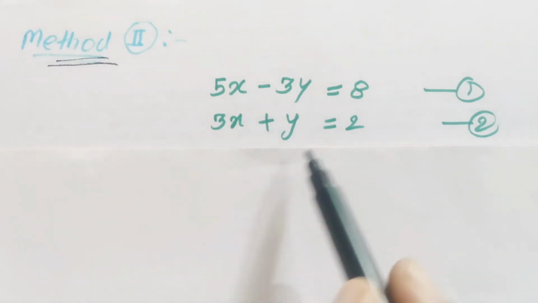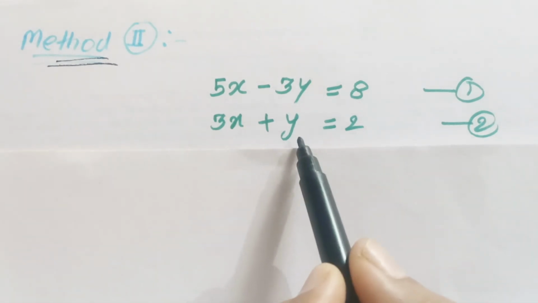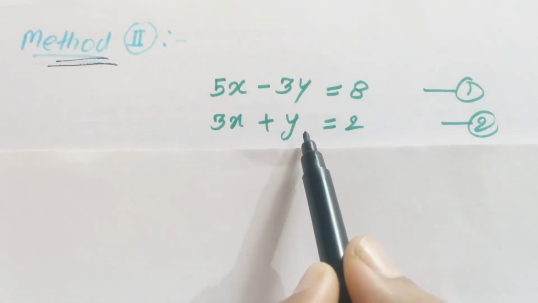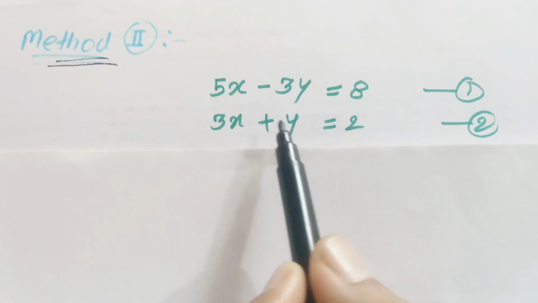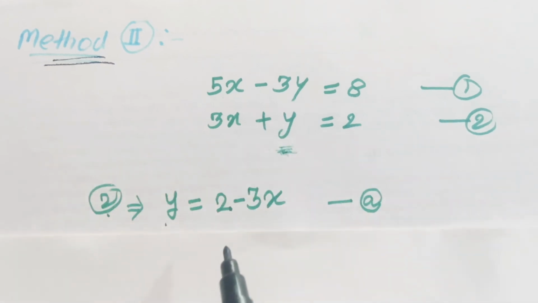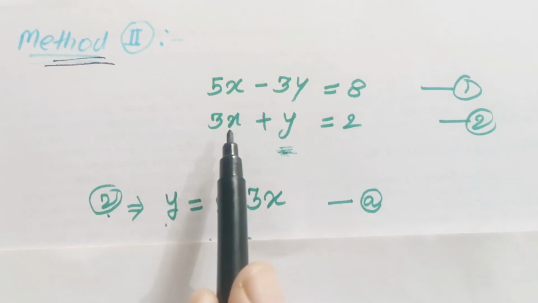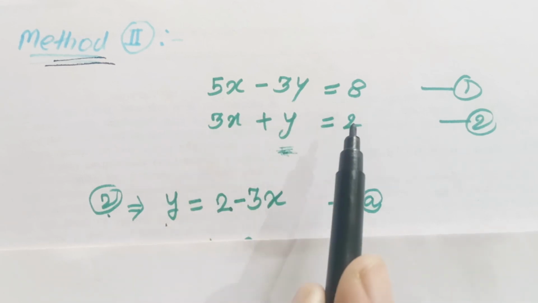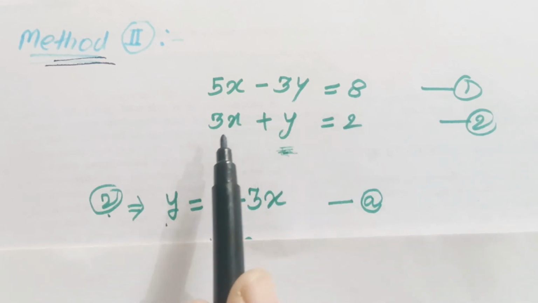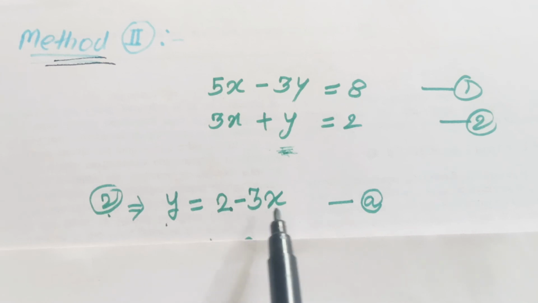For example, in equation number 2 it is easy to write y equals, so we get y in the form of x. Here y equals 2 minus 3x; shifting 3x to the right hand side, the plus 3x becomes minus 3x.